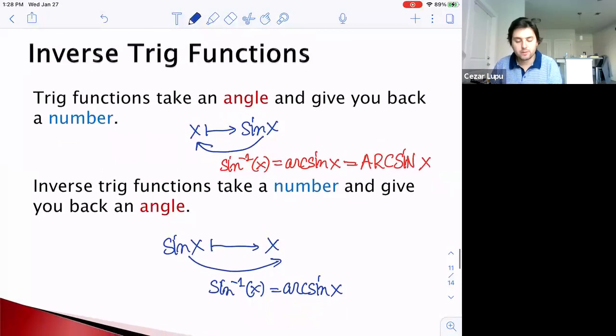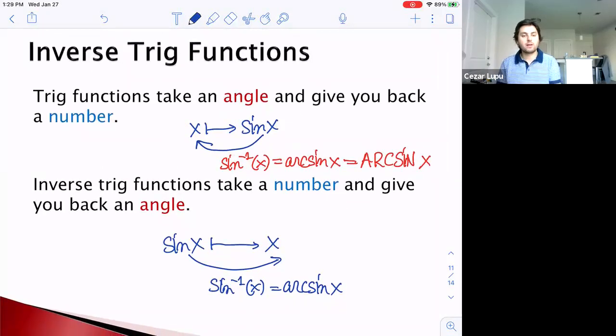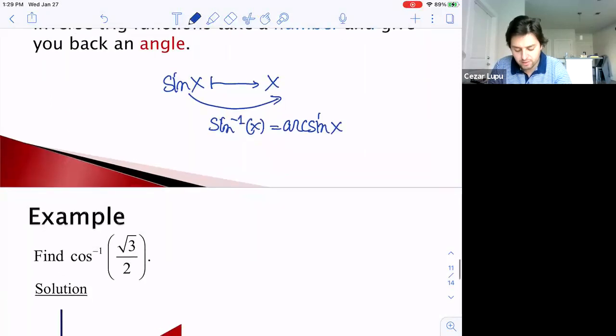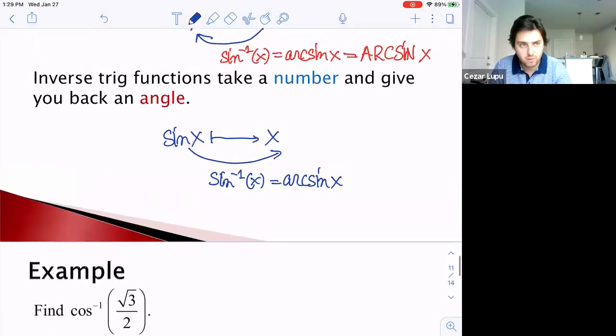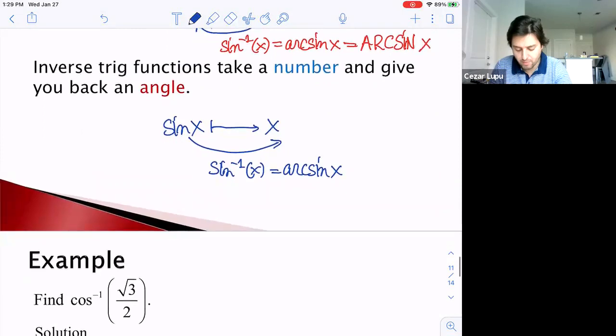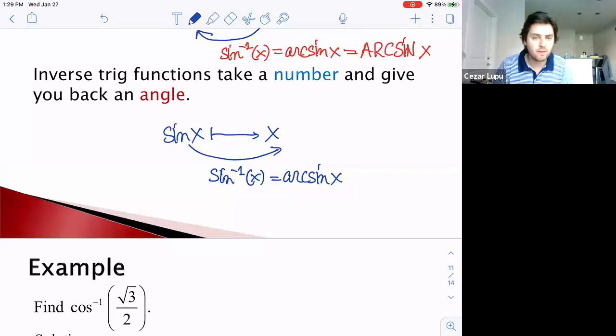Once again, the trigonometric functions will take an angle and give you back a number, but the inverse trigonometric function will take a number and give you back an angle. That's a pretty nice procedure. So that's why this is another example of why inverse trigonometric functions are useful. And now let's do a bunch of examples in the remaining time. Probably we'll finish up earlier today as well.